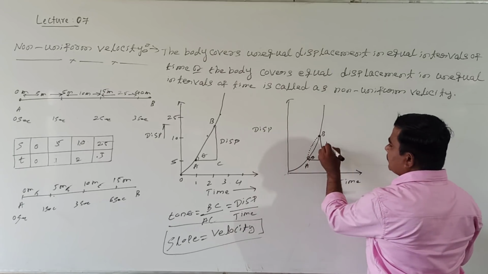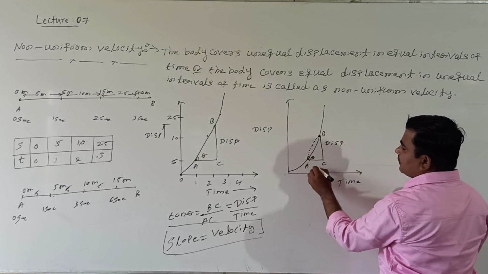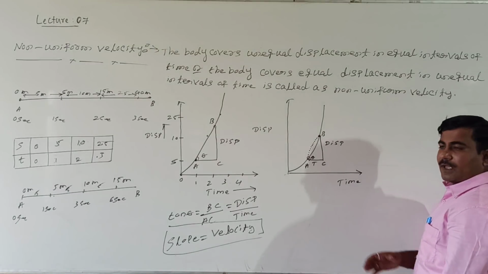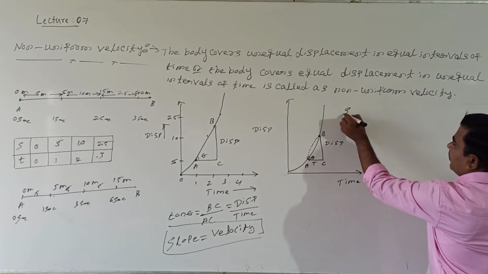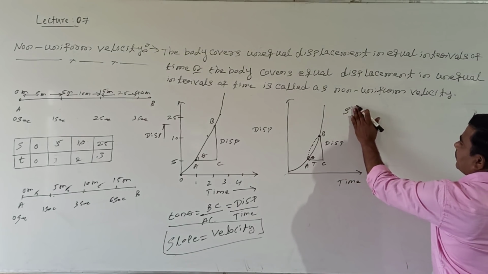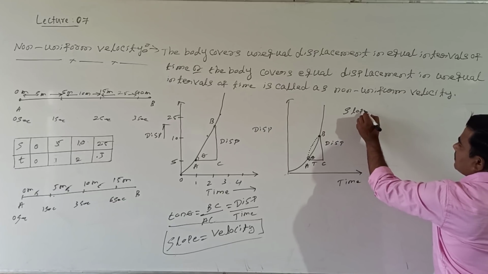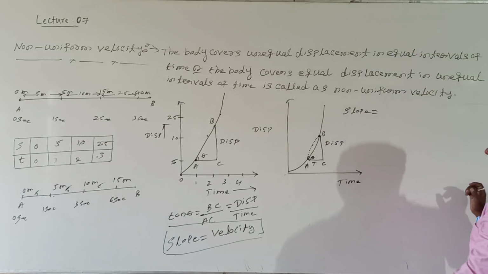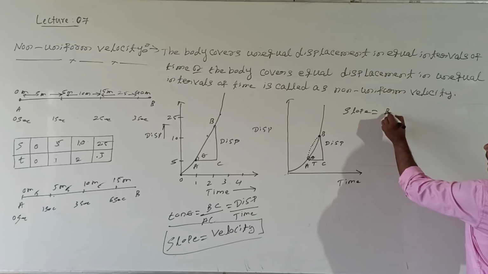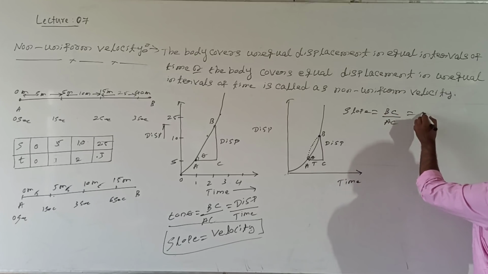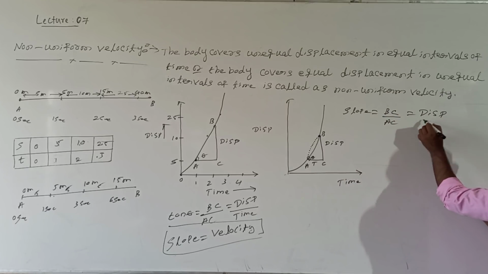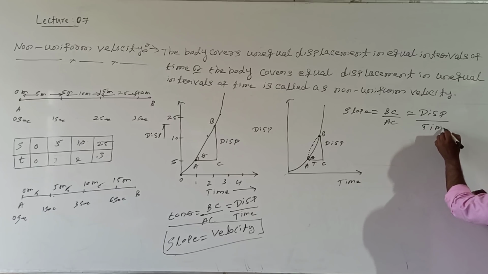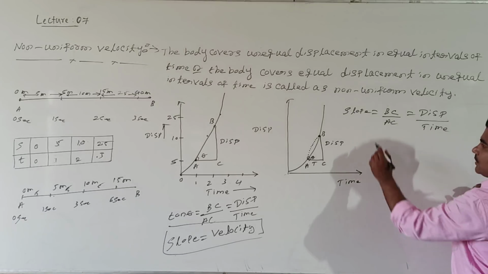Again, this we call the displacement, and this the time. Again, what is the slope here? Slope is tan theta. Tan theta equals BC divided by AC, that is displacement divided by time.